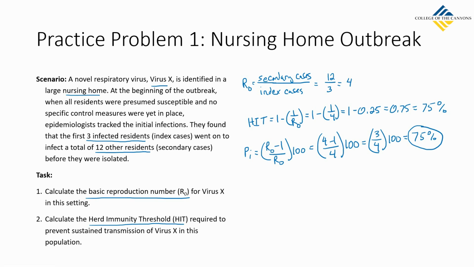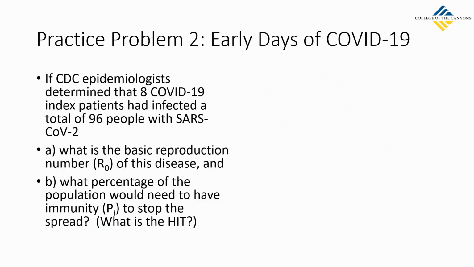All right, let's try one more problem here. One more practice problem. So if CDC epidemiologists determined that 8 COVID-19 index patients had infected a total of 96 people with the virus, SARS-CoV-2, again, we want to calculate R0 and the herd immunity threshold, right, PI.